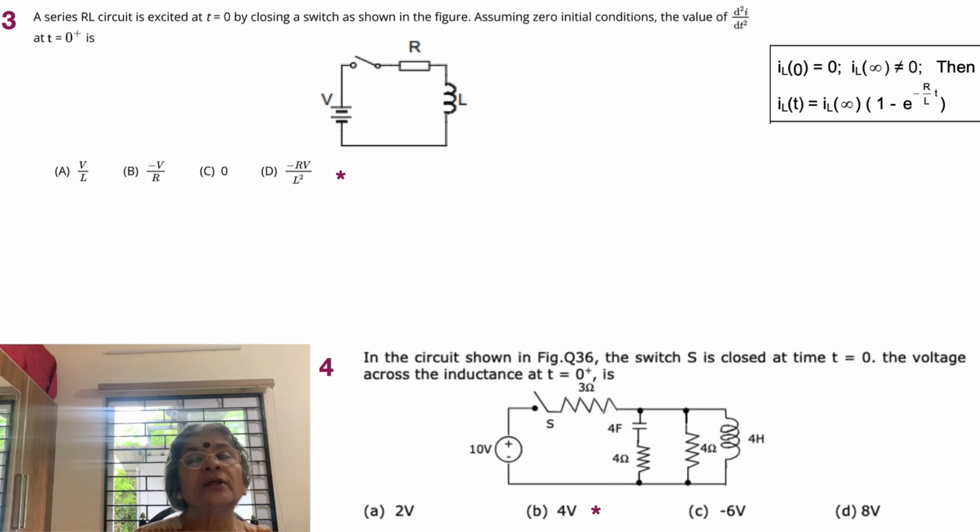So 4 and 4 in parallel gives us 2 ohms. And this 2 ohms along with the 3 ohms share 10 volt. So it's obviously 4 volt, which is going to be across the inductor, which is at this point of time an open circuit. I hope this is clear. So these are some of the things that we will be juxtaposing often.